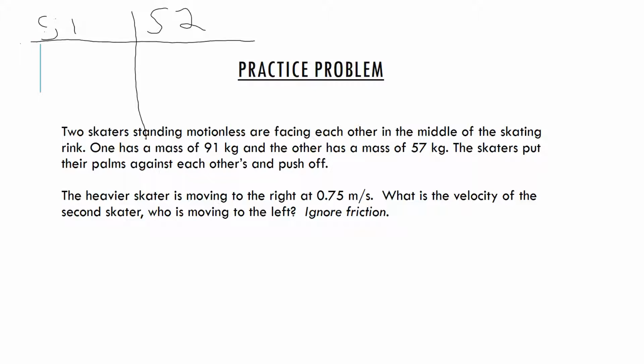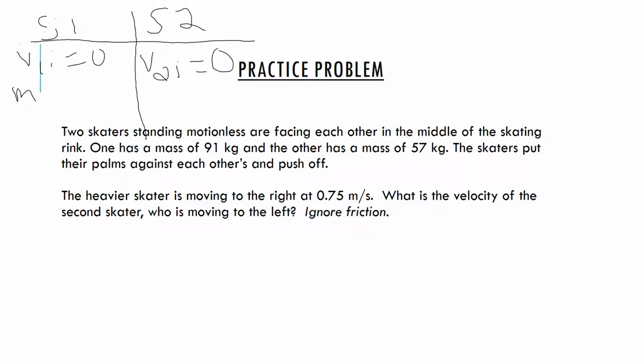It says that they are motionless facing each other in the middle of the skating rink. So that means their initial velocities are 0. V1I equals 0. V2I equals 0. One has a mass of 91 kilograms and the other has a mass of 57.